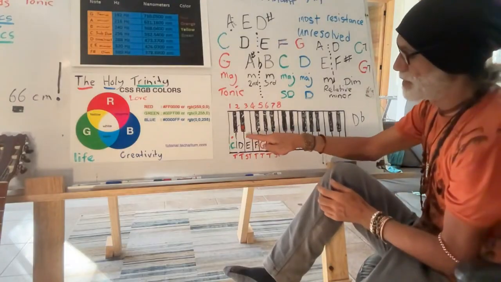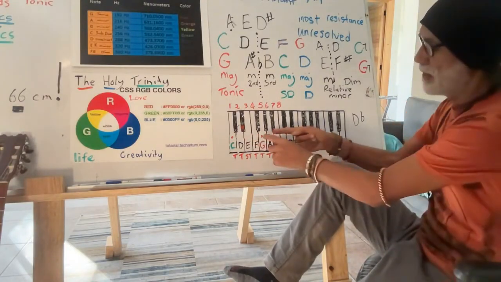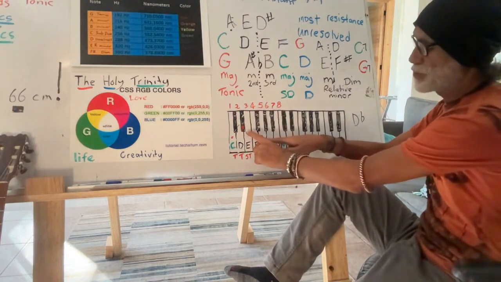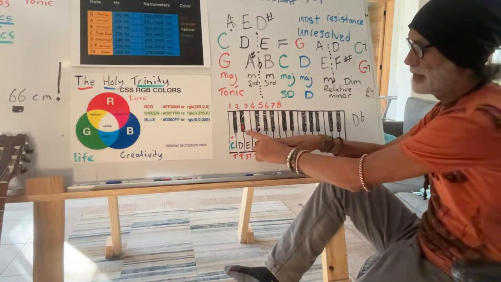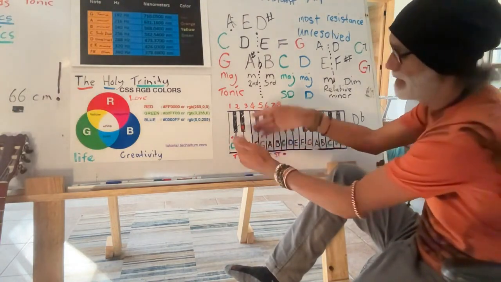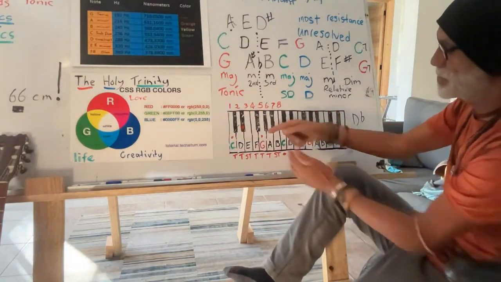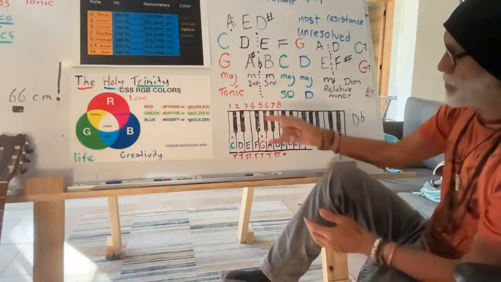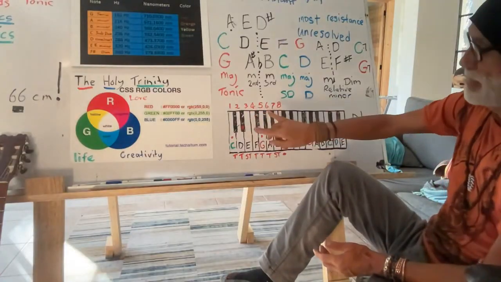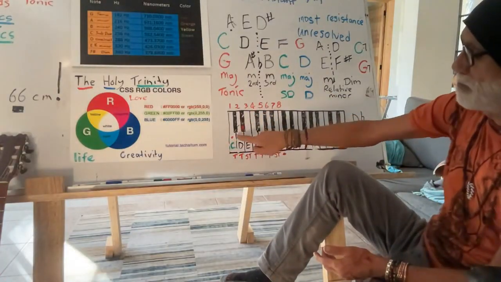But when you flatten the third, now this triad is major and the first triad is minor. That is C minor. That's the difference. You change the structure of the chord from a major triad to a minor triad.